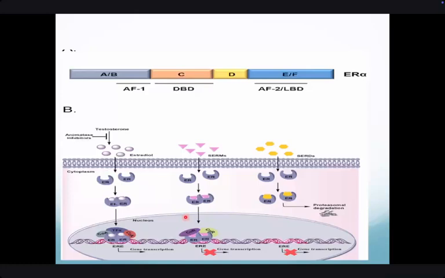And then the SERMs, the second one, prevent the ER signaling by binding to the ER and causing an inactive complex. And then the SERDs prevent the ER signaling by causing a degradation of the estrogen receptor, so it doesn't even get to bind to the DNA. So those are the different drug modulators and how they modulate estrogen receptors.